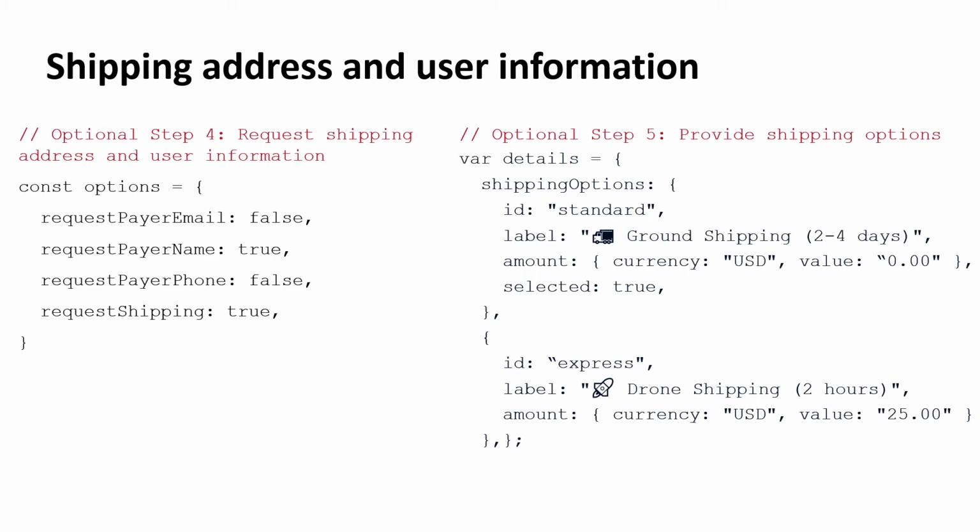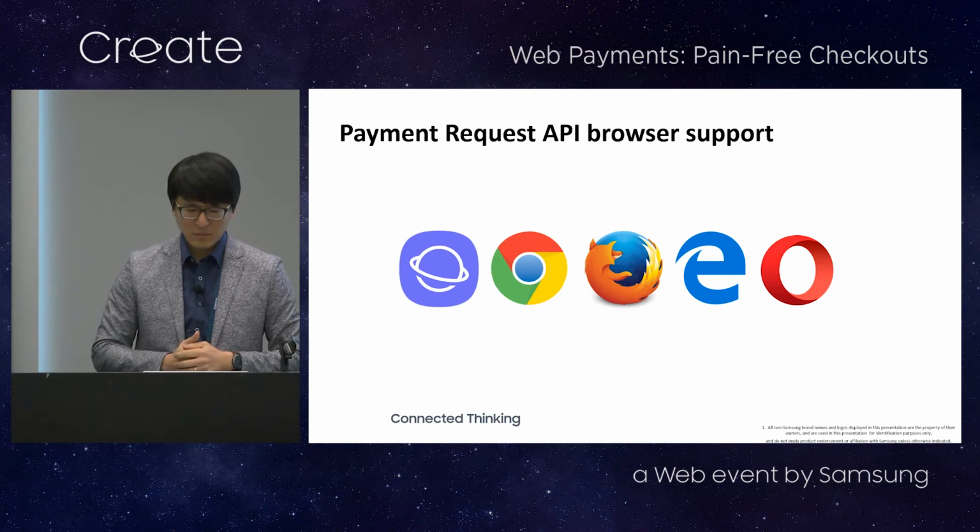So if you are really in a hurry, in an urgent situation, you can pay $25 more to get drone shipping. Previously, we created the payment request object with payment method and details. Now you can add options, which are really optional.